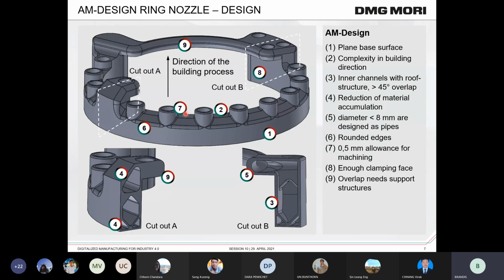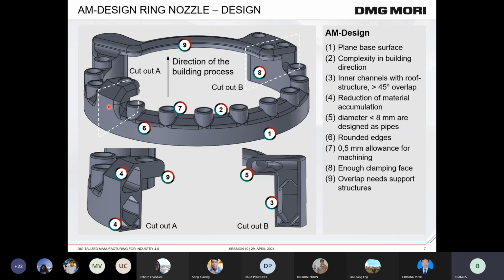Clamping surfaces are here, in this case, in the area marked with number 8, the inner geometry. I skipped this slide for today, but it's in the content of session number 8. If we print an overlap like this pipe structure or this area, we need support under this surface.